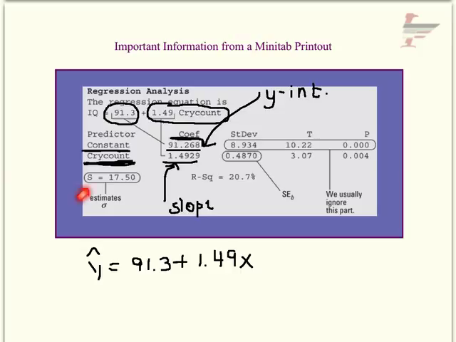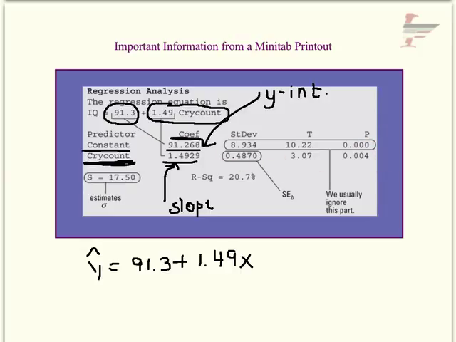Then notice other things like s. That estimates your sigma, so that will be the standard deviation of your line, 17.5, not to be confused with the standard deviation of each individual piece. Over here is the standard deviation of your y-intercept, and this is the standard deviation of your slope. Then you have test statistics and p-values for both your y-intercept and your slope.